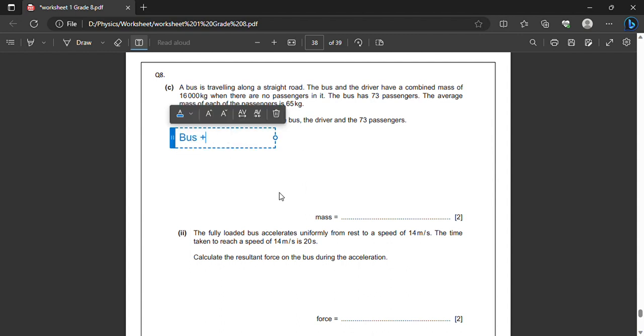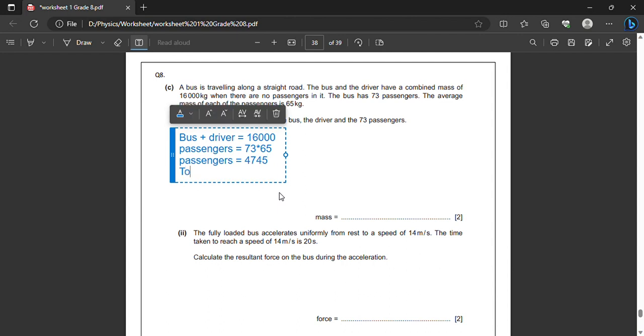So now you will write this: bus plus driver is 16,000 kilograms. The passengers will be 73 times 65, which will be 4745 kg.